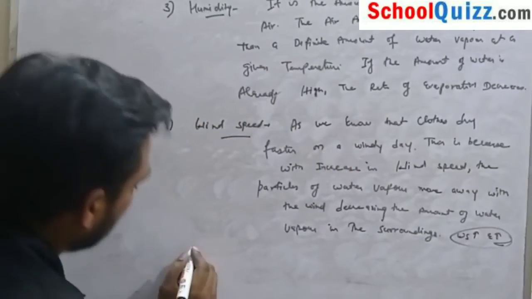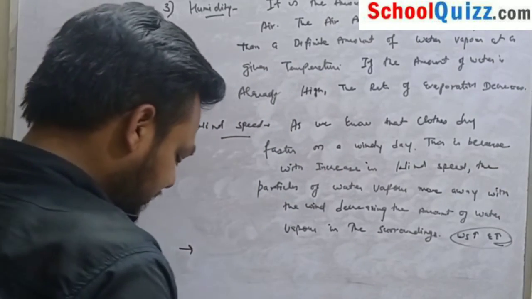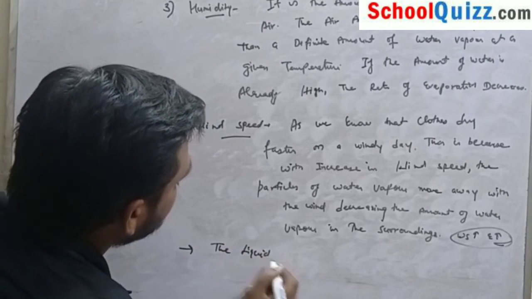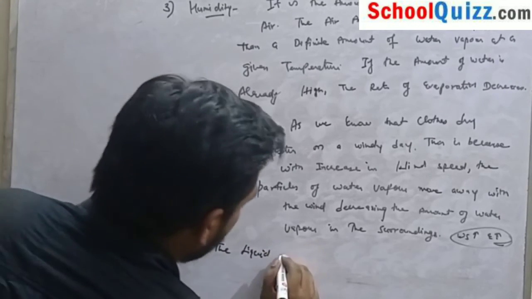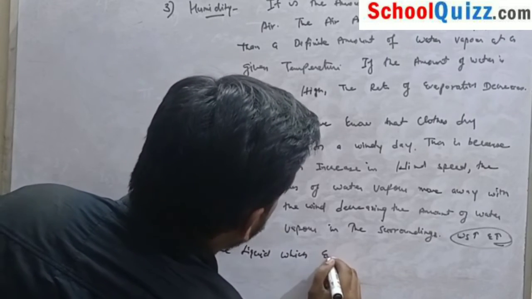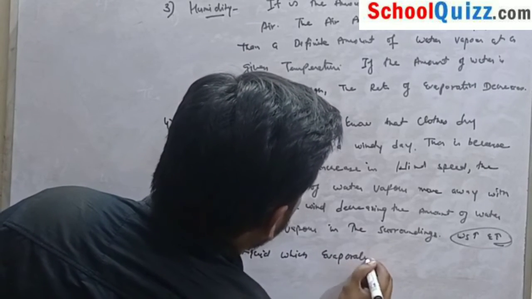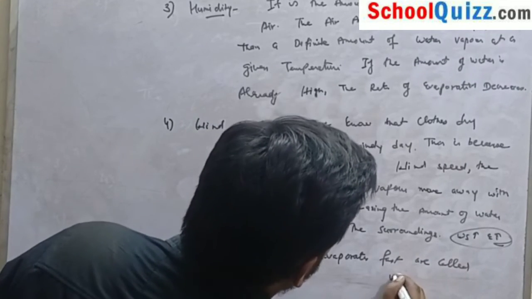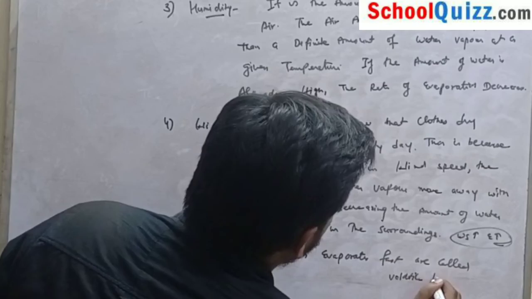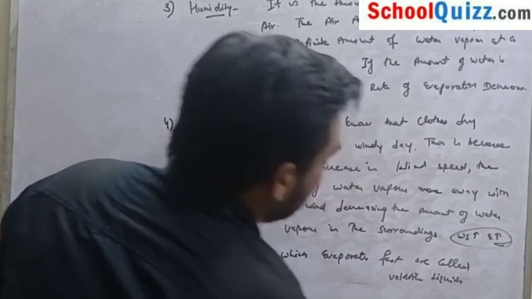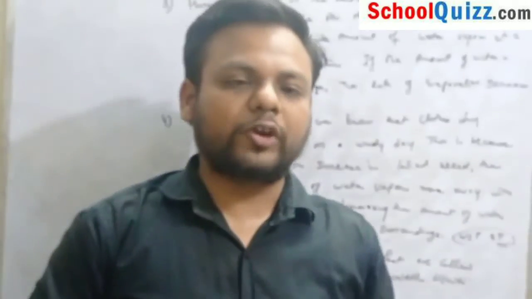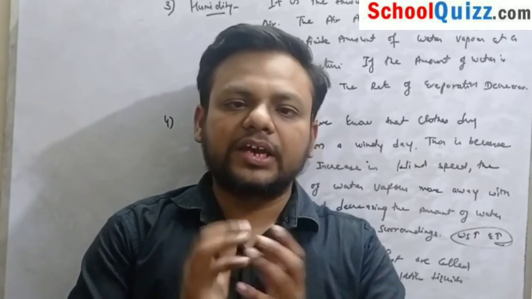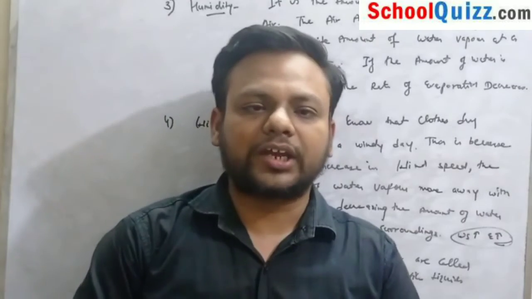So you can write that liquids which evaporate fast are called volatile liquids, or liquids whose vapor forms early are known as volatile liquids.